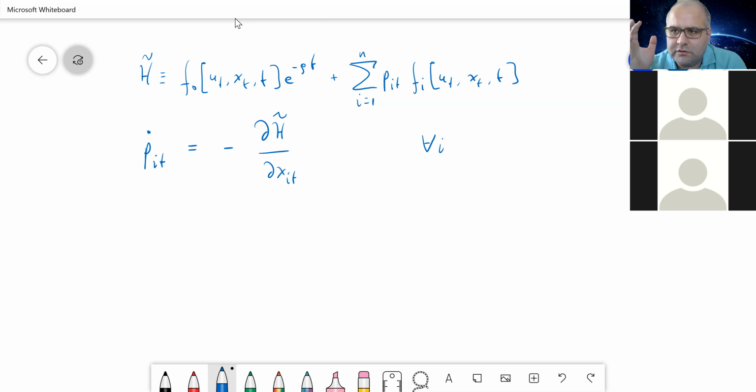Yes, so think about this derivative term. If this derivative truly reflects the resource's contribution to my welfare, it is how it is defined, because the Hamiltonian is my welfare basically, plus this constraint term.